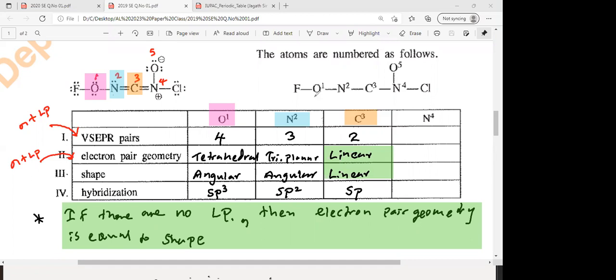Now all of you are correct, right? Yeah, very good. Why is this trigonal planar?